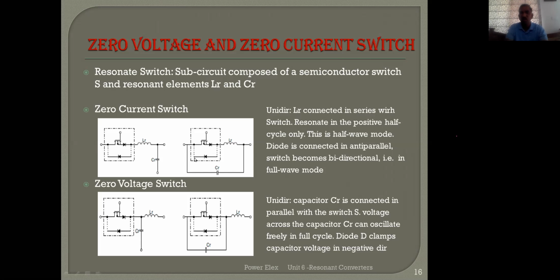This is the very basics of ZCS and ZVS. ZVS and ZCS and their deployment in a resonant converter itself is another topic for discussion, but our scope is restricted to just the concept of ZVS and ZCS. That's all for resonant converters and their complete analysis.